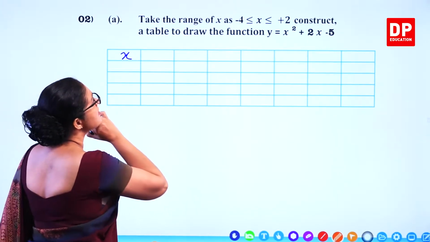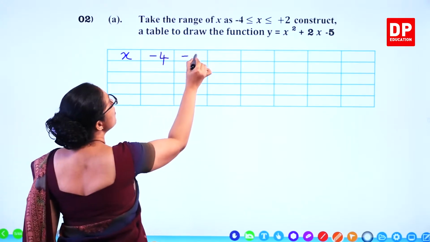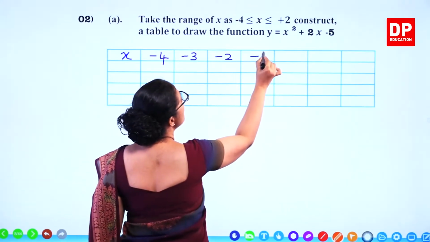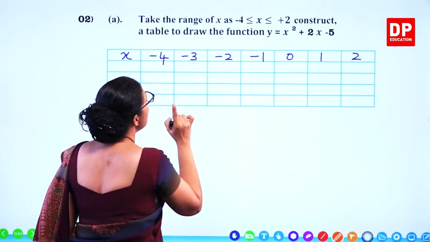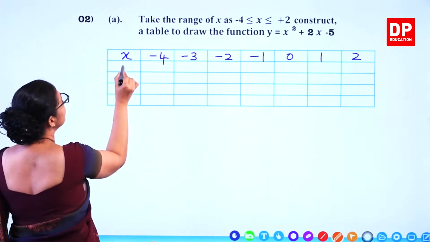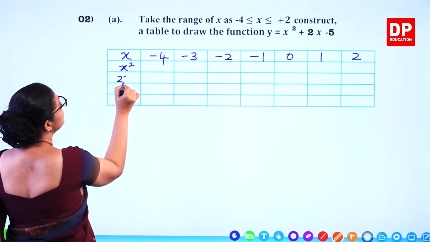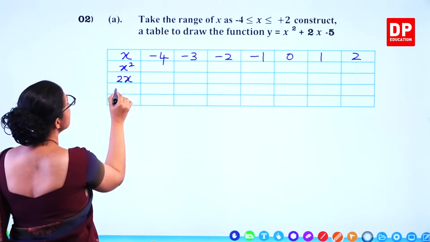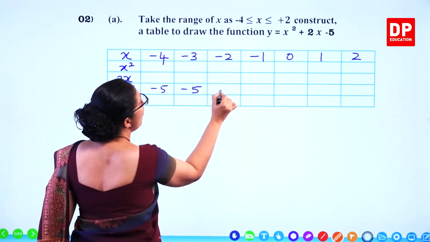So we'll take x, starting from -4, -3, -2, -1, 0, 1, 2. And then we need x squared. We'll square it. And then we need 2x and -5. So -5 for all.